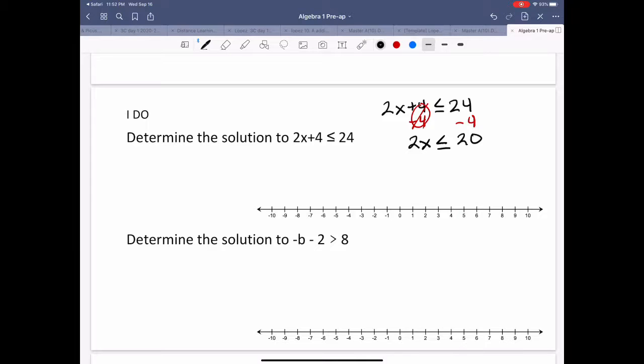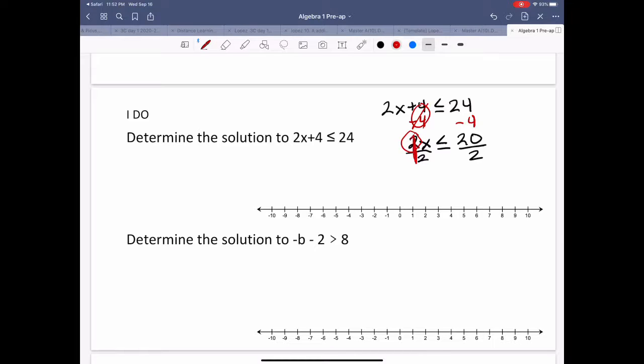Now, since this says 2 times x, you're going to do the inverse of multiplication, which is division. So 2 divided by 2, and you divide this by 2 as well. So whatever the coefficient of x is, like right here, that is what you're going to divide by. So 2 divided by 2 actually gives us a 1.